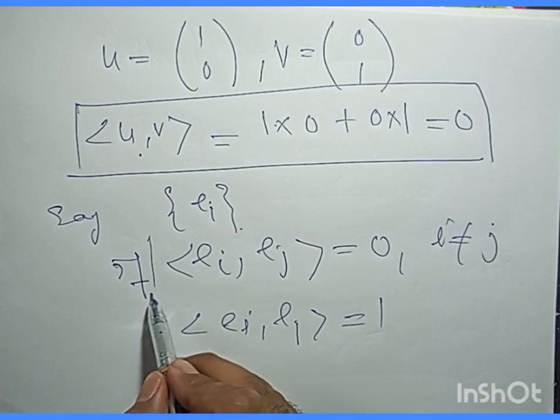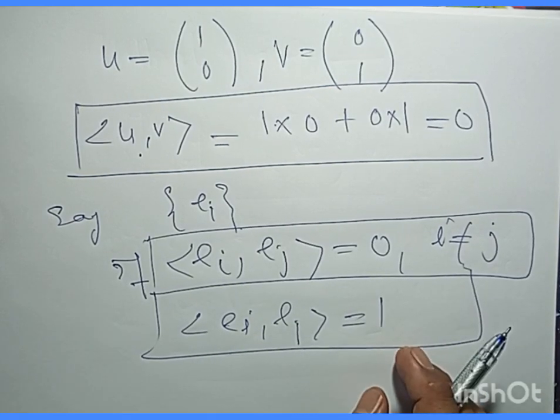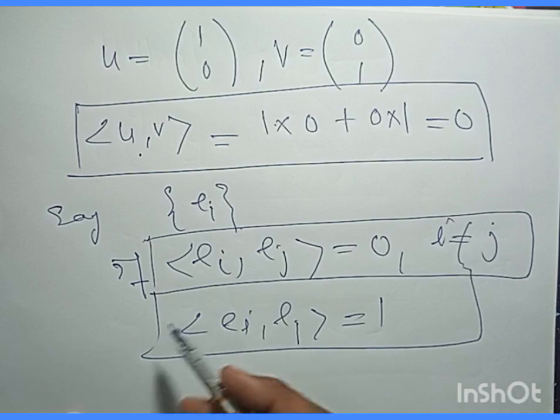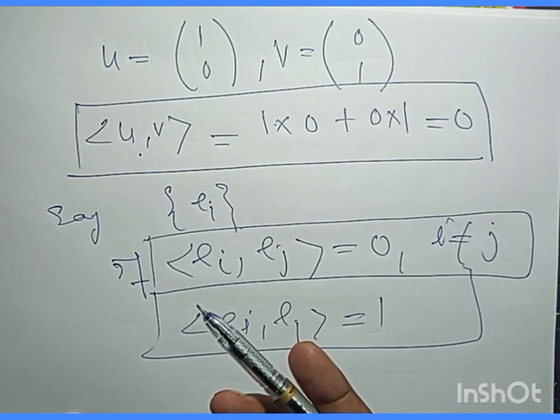This is the condition of orthogonality, and this is the condition of normalization. So this is how we can interpret the orthonormal basis of a system.